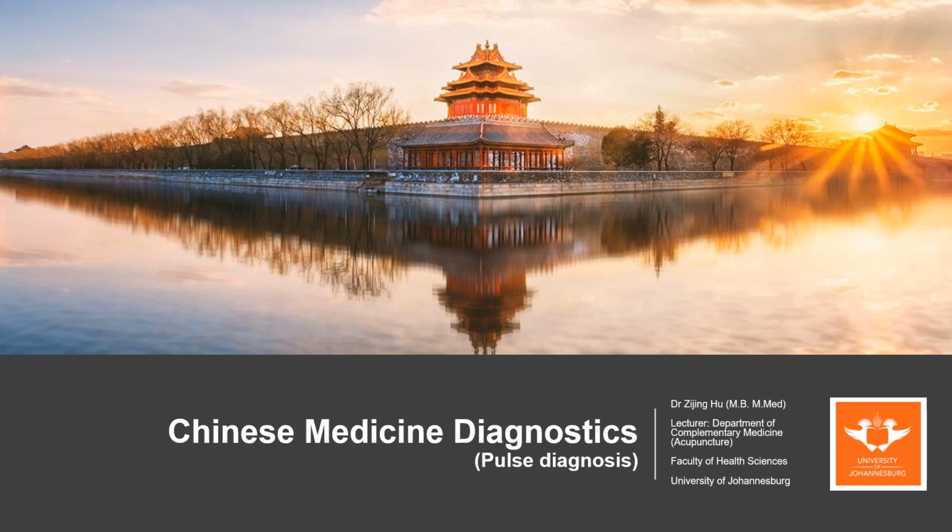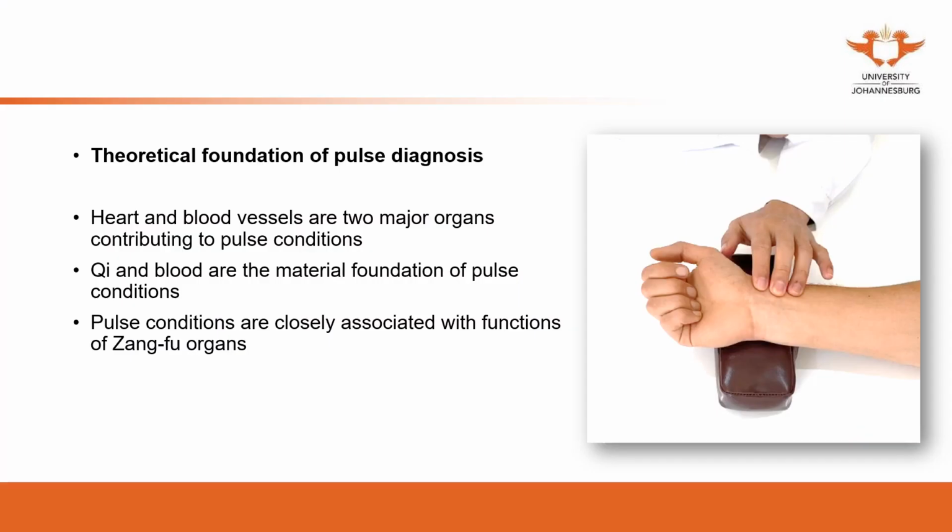The pulse diagnosis is one of the most typical and special diagnostic methods in Chinese medicine and acupuncture. As you can see from the image on the right side, that's a picture of pulse taking.